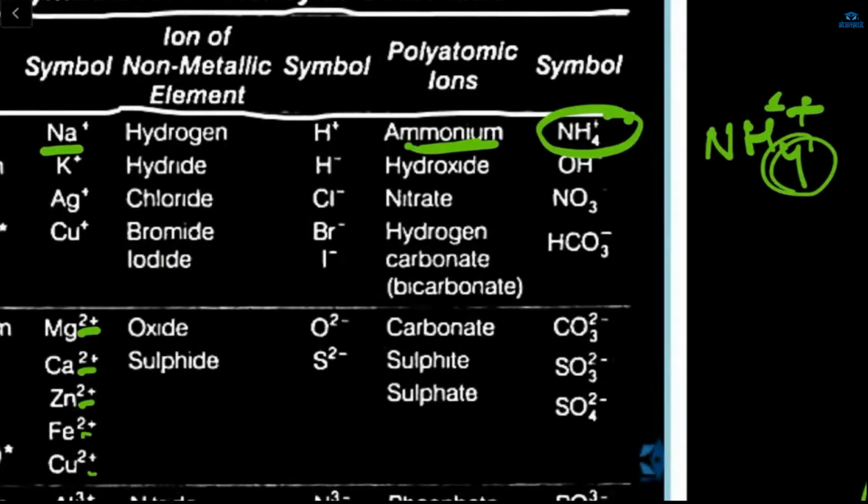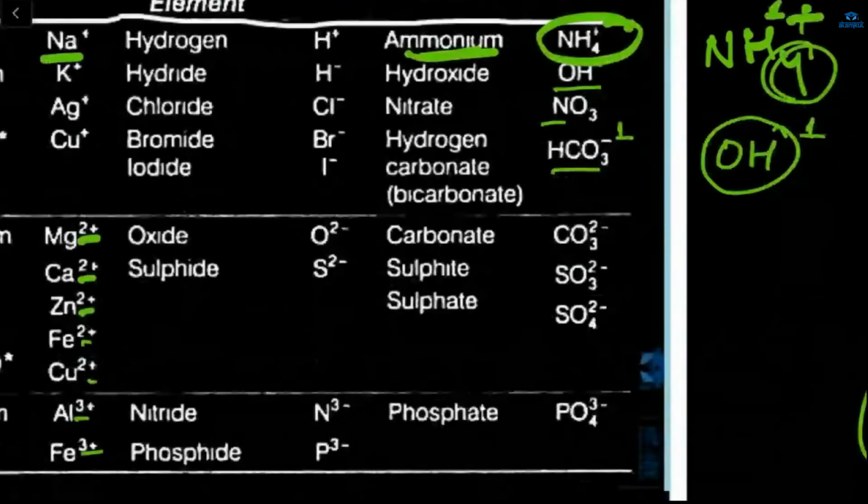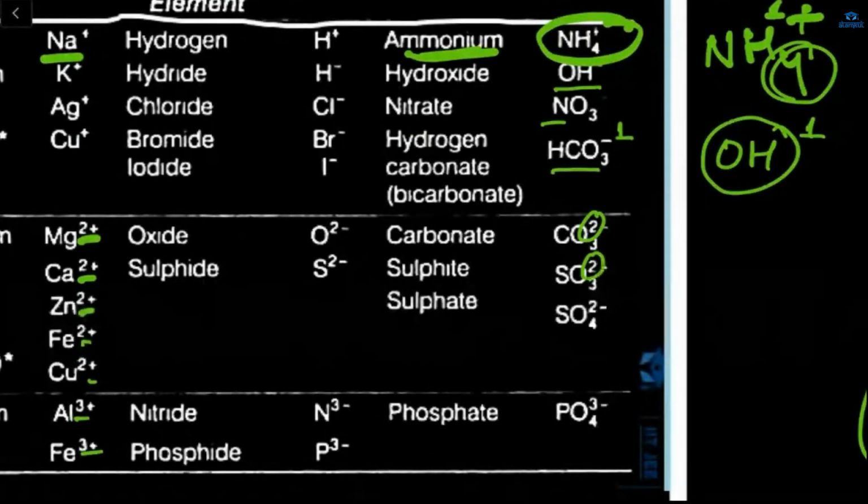Here also, hydroxide is OH-, which has power 1, so valency is 1. Nitrate and hydrogen carbonate are all having power 1, so valency will be 1. Carbonate, sulfide and sulfate have power 2, so valency will be 2.